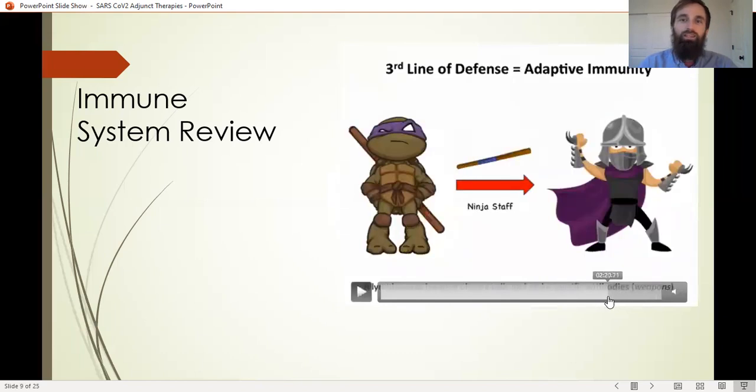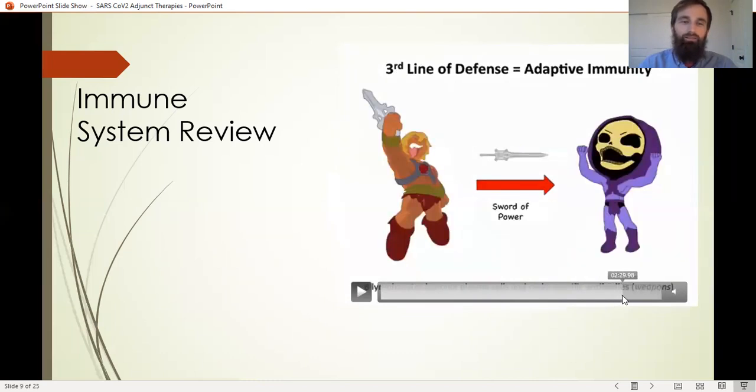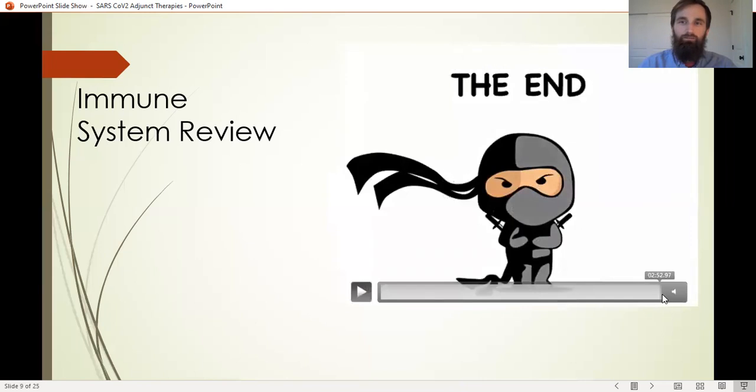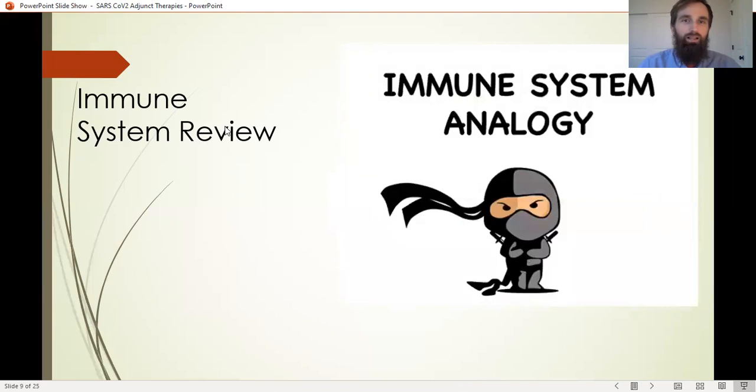Each one of these antibodies is used to specifically combat a pathogen. And that wraps up the immune system analogy, presented just as a quick review.